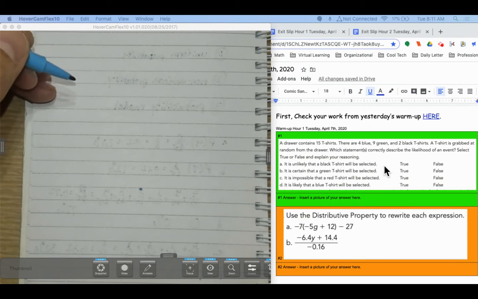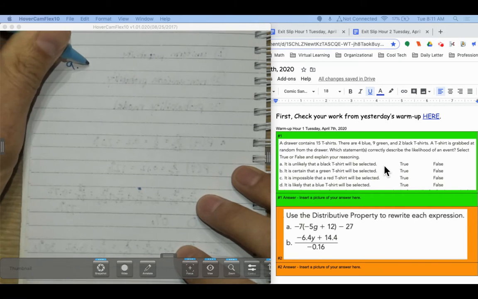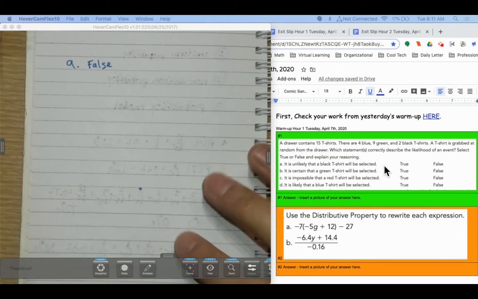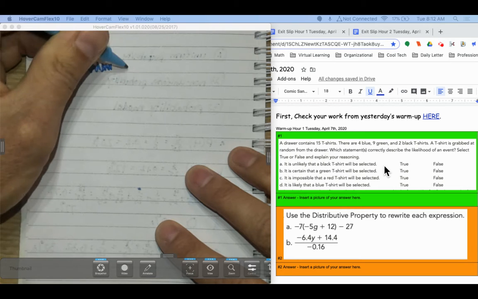It is unlikely that a black t-shirt will be selected. So A, I would have chosen false, and I'm sorry, unlikely. My bad. True.